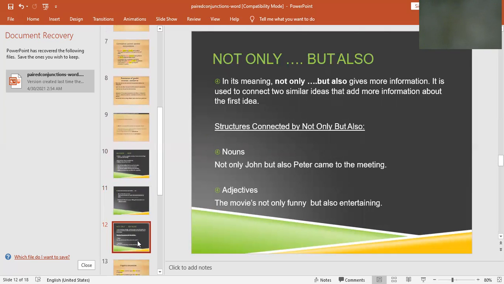And now, not only, but also, as you see in its meaning, gives more information about the first item. It is used to connect two similar ideas that add more information about the first idea. Look here, it can join nouns, adjectives, and clauses.